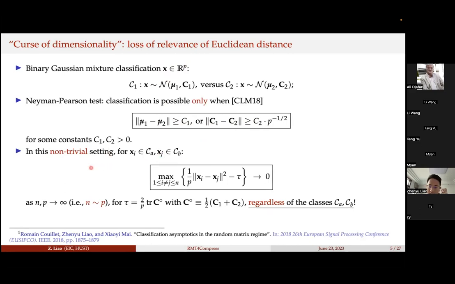In this setting, after a few calculations, we can derive the second boxed equation, and that is very interesting and counterintuitive.